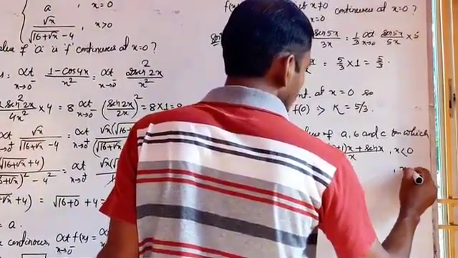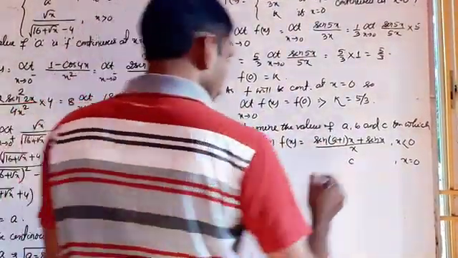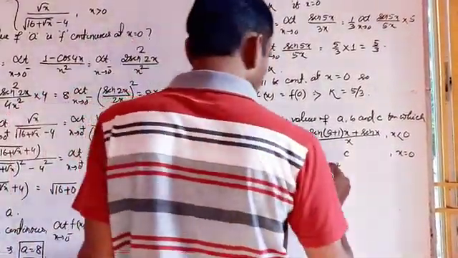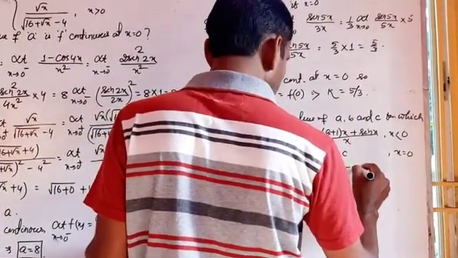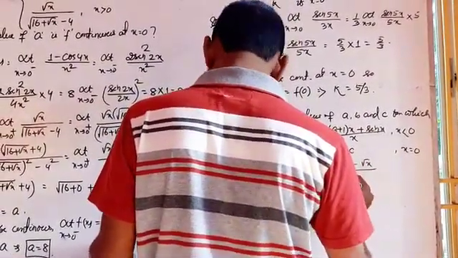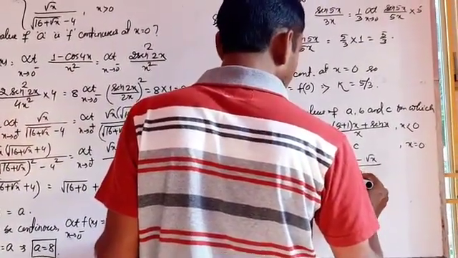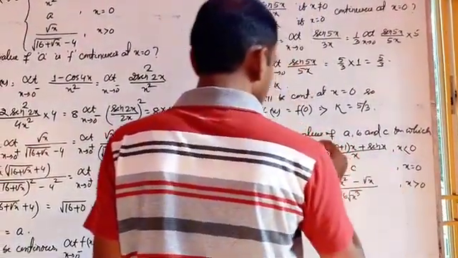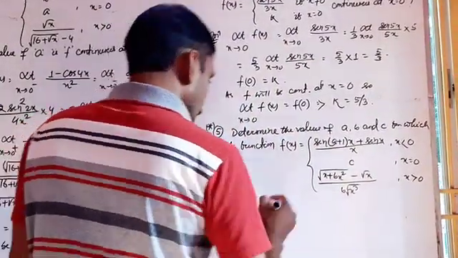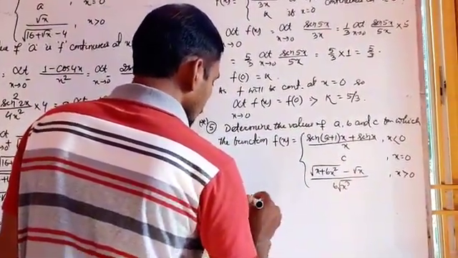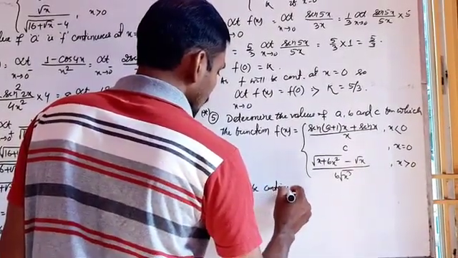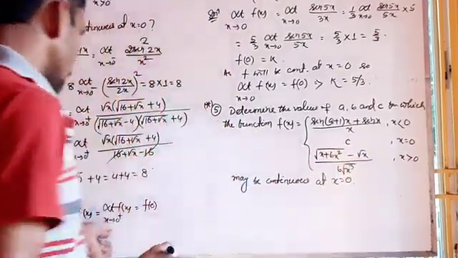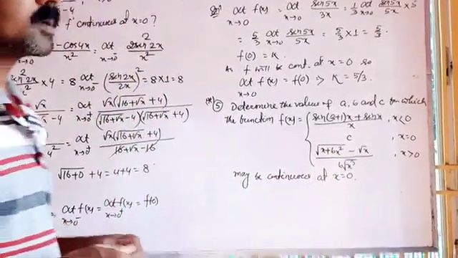This is C when x is equal to 0. And this is root of (x plus bx square) minus root x, by b into square root of x cube, when x is greater than 0. May be continuous at x equal to 0.